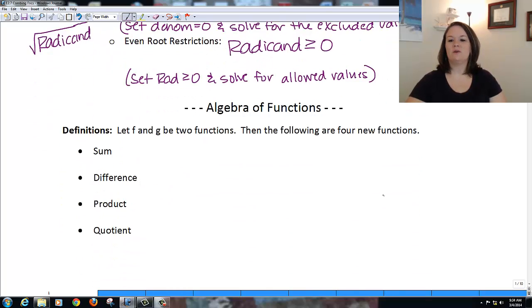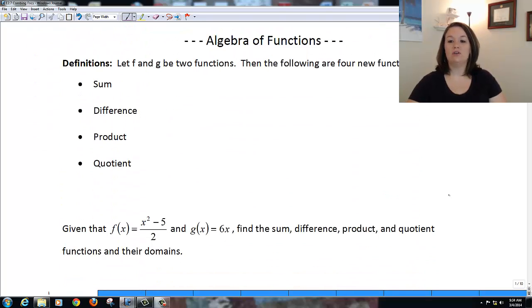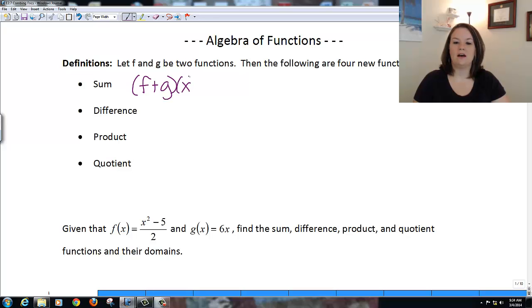Okay, so let's go ahead and define our new functions that we get by doing algebra of functions. So here we're saying f and g are just two functions. Our new functions are a sum, difference, product, and quotient, which I'm going to write in terms of f and g. If I want to sum f and g, I write it as f plus g of x. This is our notation.